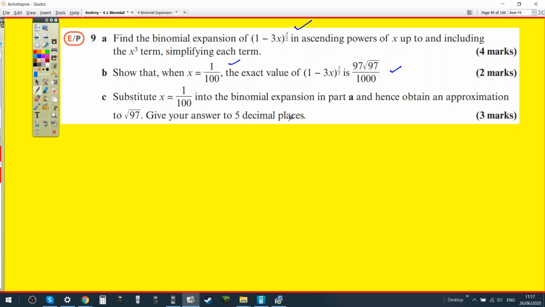And then part C, substitute into the binomial expansion and find an approximation of root 97. Was that not, when x is 1 over 100, the exact value?